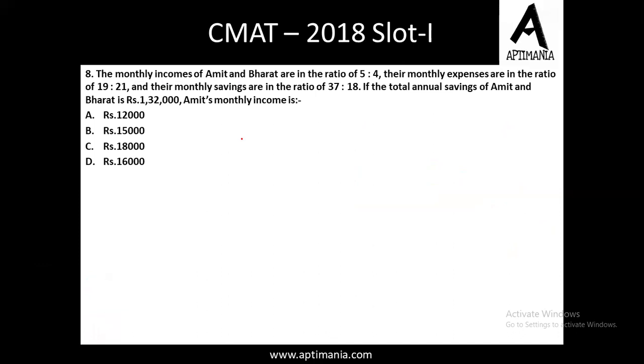The monthly incomes of Amit and Bharat are in the ratio 5:4. So I'm assuming the monthly income of Amit to be 5x and that of Bharat to be 4x, right? These are the incomes I have assumed for the two individuals, and their monthly expenses are in the ratio 19:21.